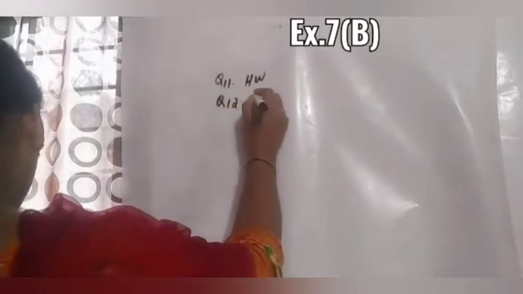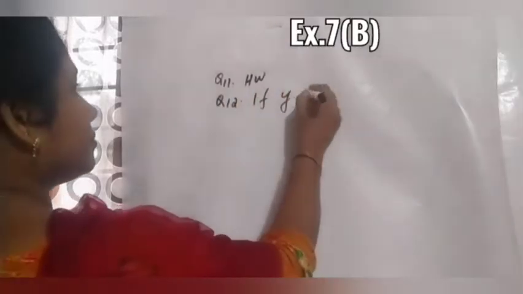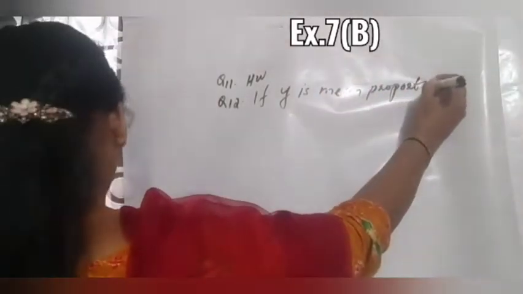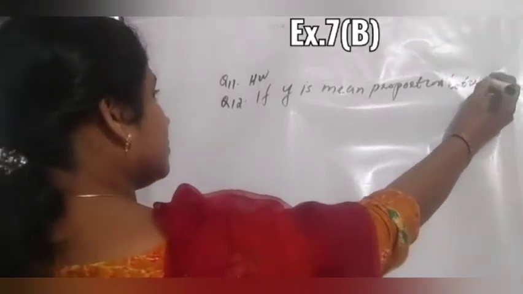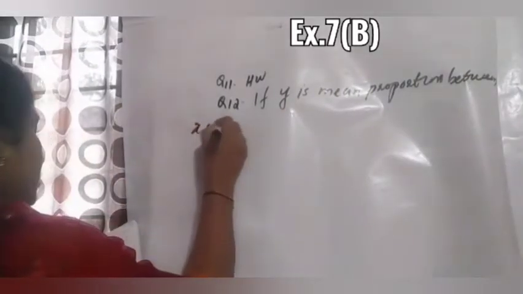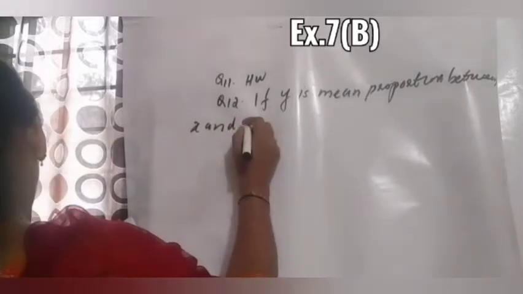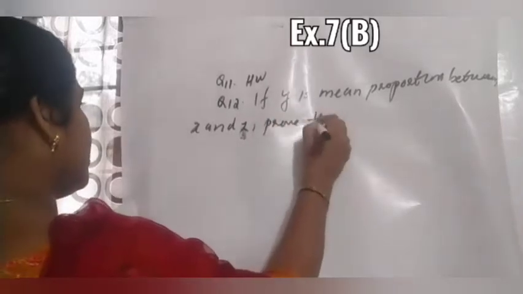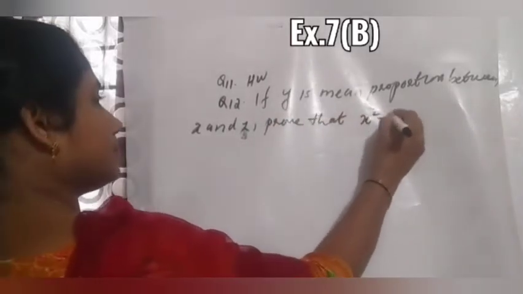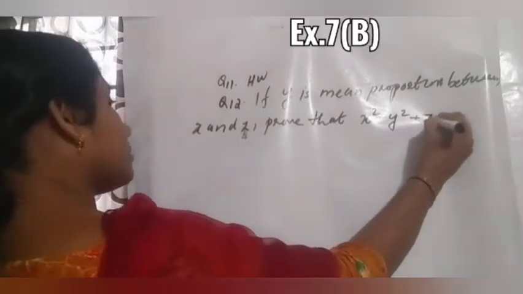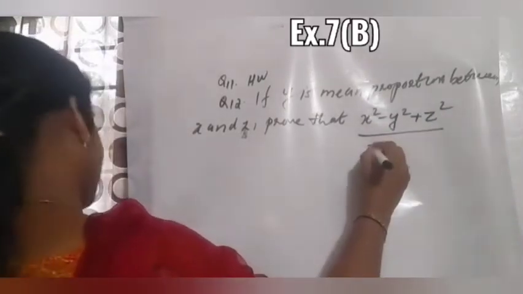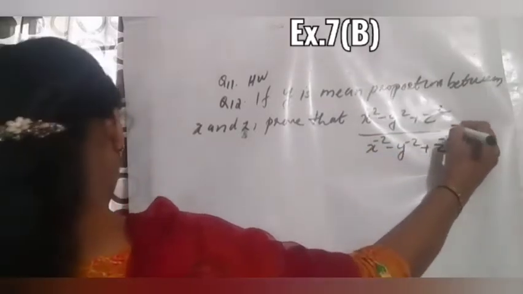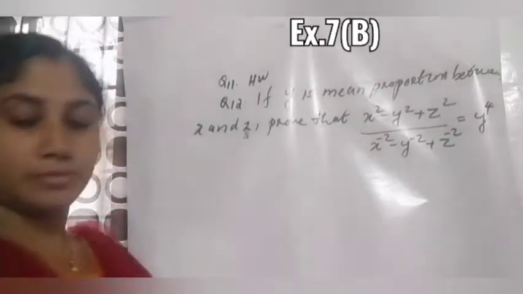Next is question number 12. Do question number 11 as homework. If y is the mean proportion between x and z, prove that (x square minus y square plus z square) whole divided by (x raised to minus 2 minus y raised to minus 2 plus z raised to minus 2) equal y raised to 4.